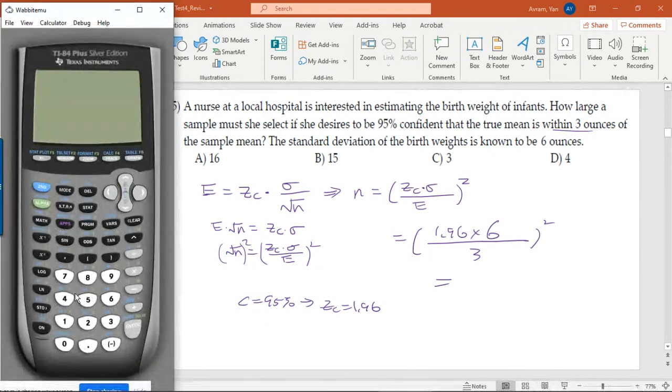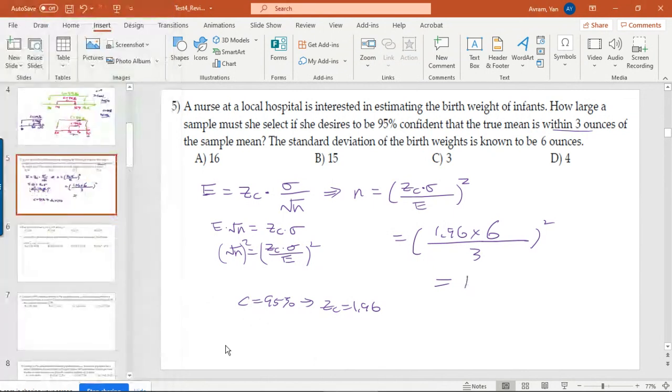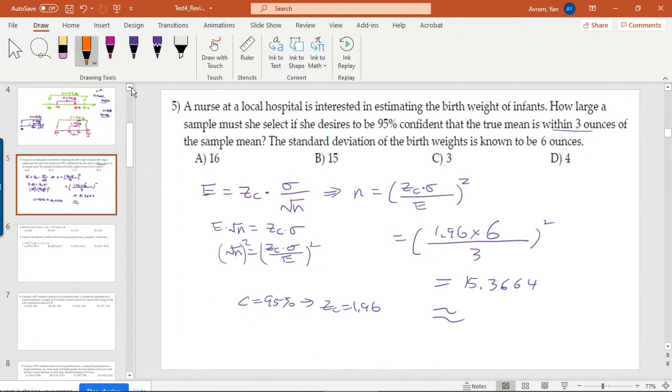So when we do the calculation right here, you need a parenthesis, and don't forget the square. So we have 15.3664, but remember the sample size, we always use the integer, and this is always round up.